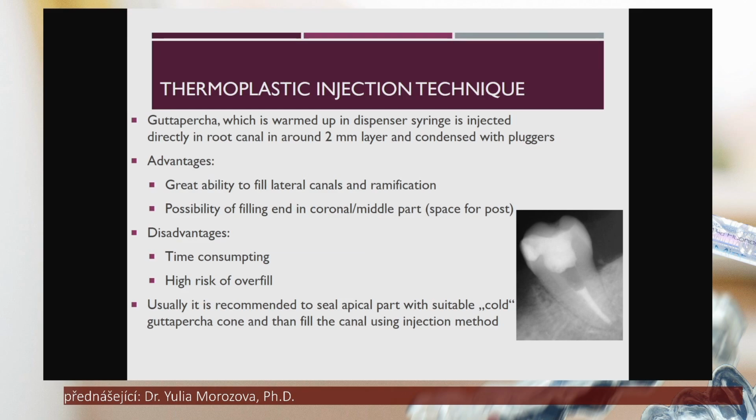But first of all, we should seal the apical part using a suitable cold gutta percha cone, remove the remnant part, and finally we can gradually inject the flowable gutta percha into the root canal up to the required length.